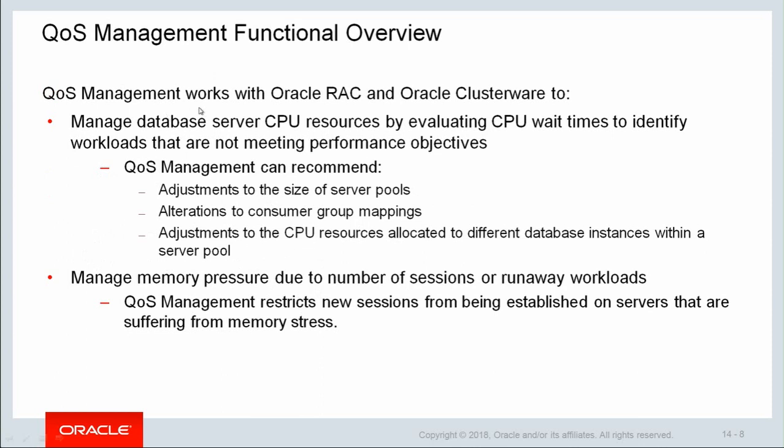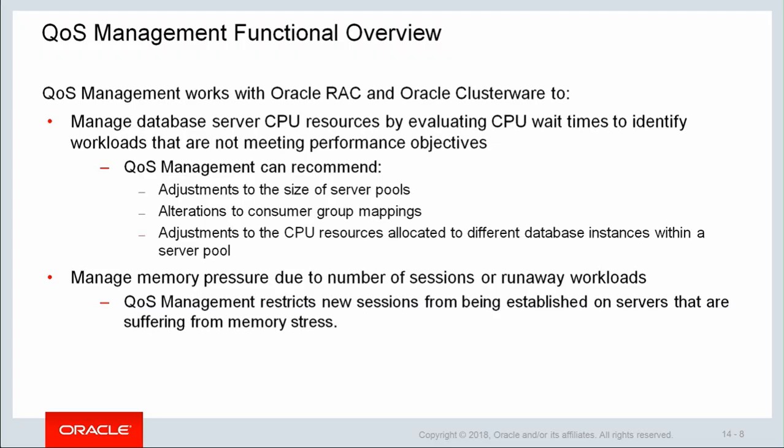Quality of Service management works with RAC and Clusterware. Clusterware provides server level OS metrics through the Cluster Health Monitor utility, so OS metric statistics are available. And the RAC database provides service level and database level statistics.